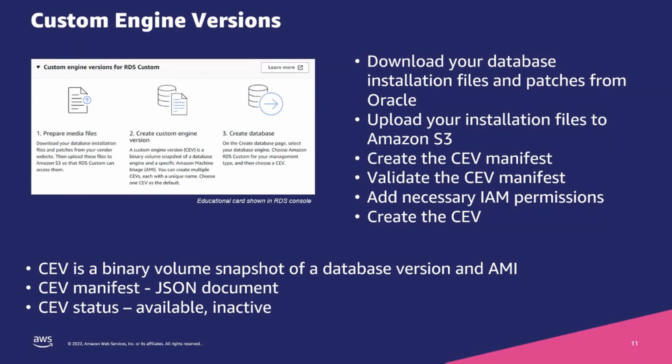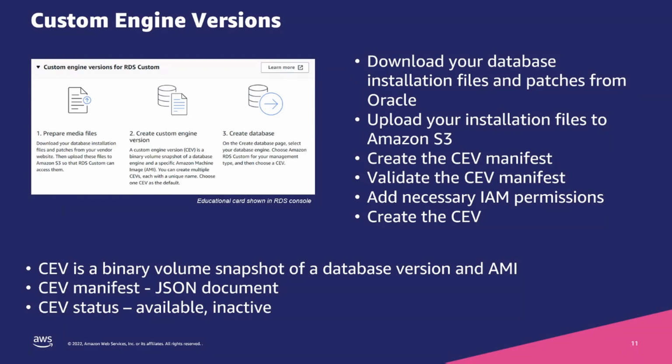And the CEV itself has two states. It can be in the available state or an inactive state. So when it is in available state, basically you can use that CEV to create a new custom DB instance or upgrade a DB instance. And this is the default status of any newly created CEV.